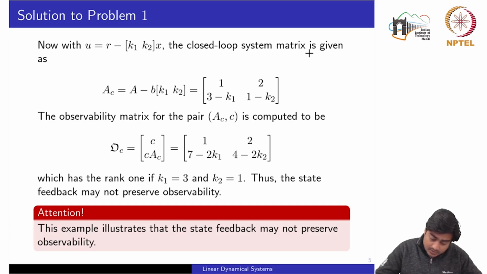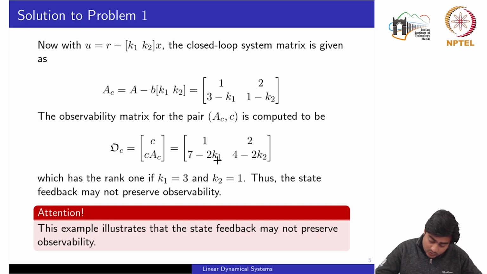In that case, the closed loop system matrix, which we denote by A subscript C, is equal to A minus BK. Substituting the corresponding values of A, B, and taking K1, K2 as the parameters, we computed the observability matrix of the closed loop system in terms of K1 and K2.